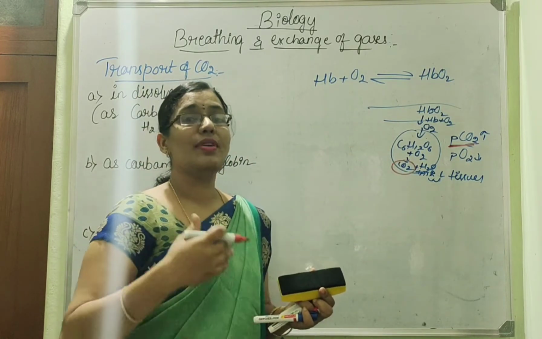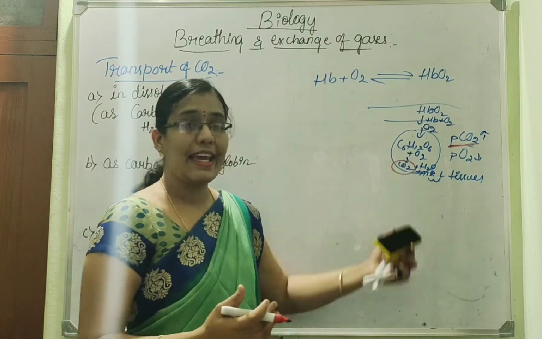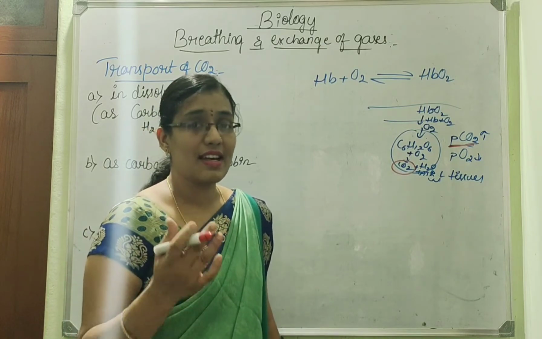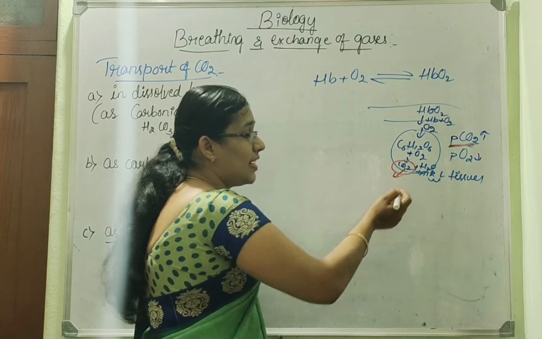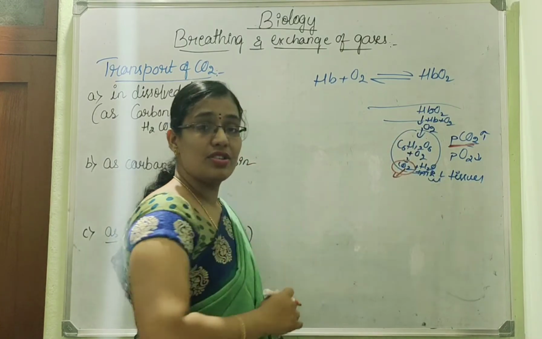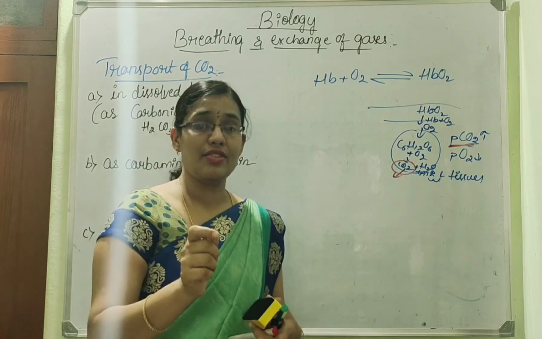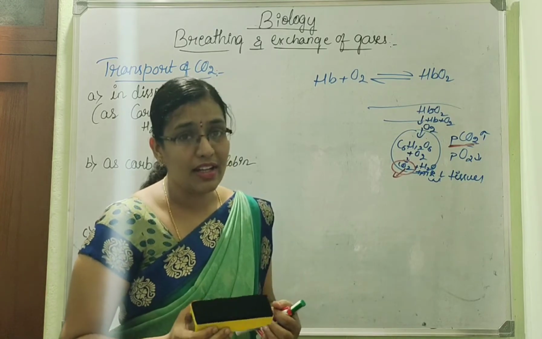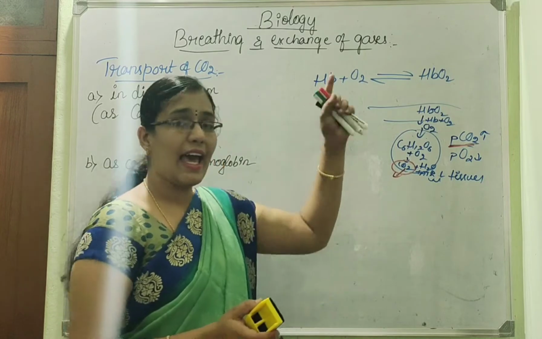And once the carbon dioxide is released, that is a product of aerobic respiration, now this carbon dioxide diffuses outside the tissue in the gaseous form. So as a gaseous form, this carbon dioxide will be diffused into the capillaries, and from there the carbon dioxide will be transported to the alveoli.